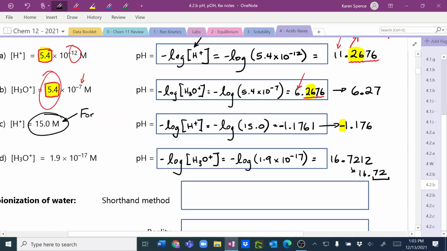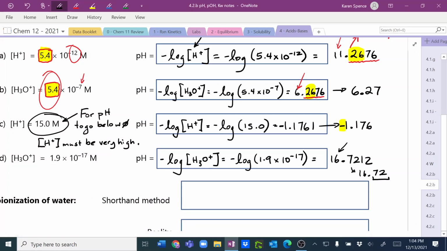So for pH to go below 0, the concentration of H plus must be very high. Similarly, you can see here we've gone above 14. Yes?